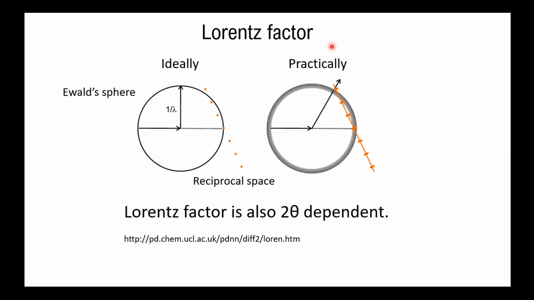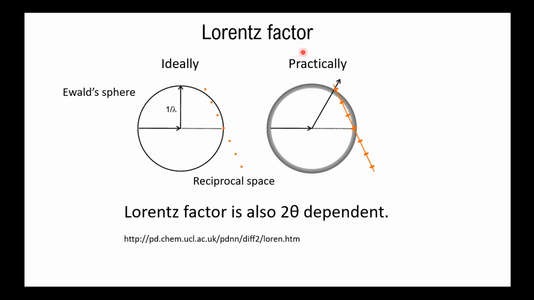I'm partially to blame, and I can partially be excused, because I realize in the community there are so many people who misuse these two terminologies, polarization factor and Lorentz factor. They're misused many times, and I'll explain why in the next slide.